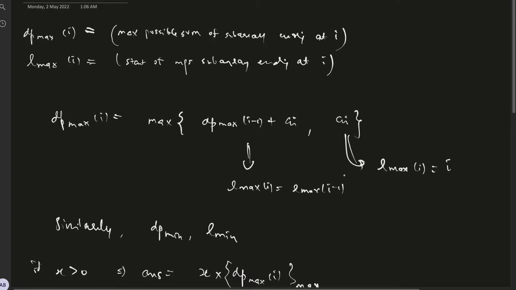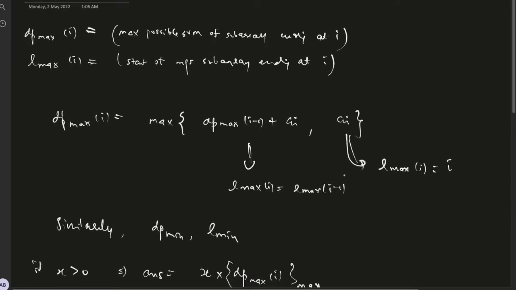So take the case when x is greater than 0. Then maintain two arrays, dp max and l max, where dp max is the maximum possible sum of a subarray ending exactly at i, and l max is the corresponding start index of the subarray, out of the class of subarrays ending at i, having the maximum sum.